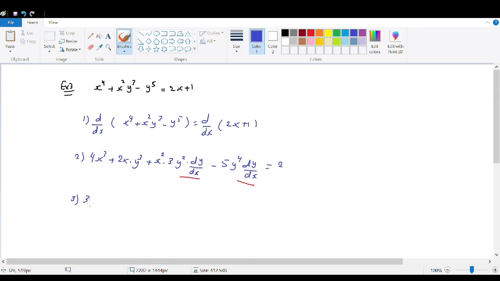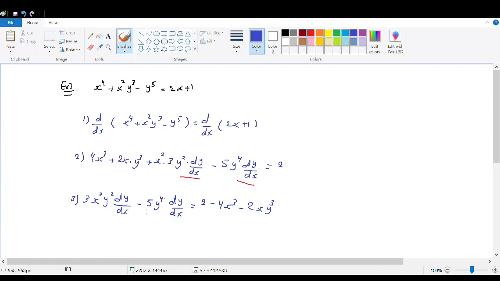So this will give us 3x squared y squared dy over dx minus 5y power 4 dy over dx will be equal to, then we move 4x cubed, it will be 2 minus 4x cubed minus 2xy power 3. So we collect all the terms that contain dy over dx on one side and move all other terms to the other side.